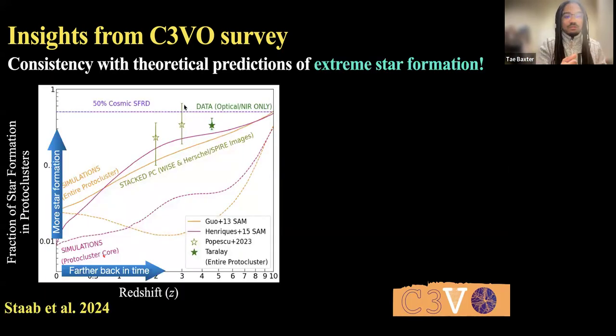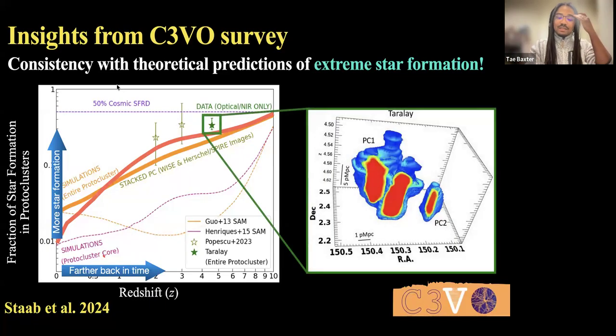Another cool trend that we have found is that if you look at the fraction of star formation in protoclusters as a function of time, which is shown by this plot, we have expectations from simulations shown here by these colored lines, and then we're able to actually make measurements to compare to these predictions.